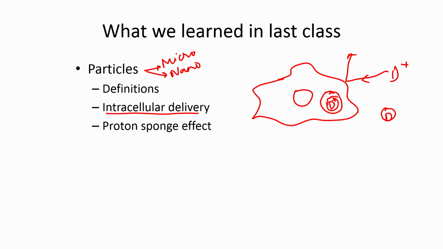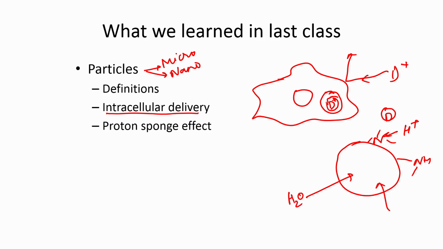For that, we use the proton sponge effect: you make your polymer with lots of tertiary and secondary amines. They keep absorbing H plus ions that are being pumped into these endosomes and do not let the pH drop, so the cell keeps pumping more and more H plus and other ions into these vesicles, causing an osmotic pressure and water starts moving in, and ultimately the vesicle bursts.